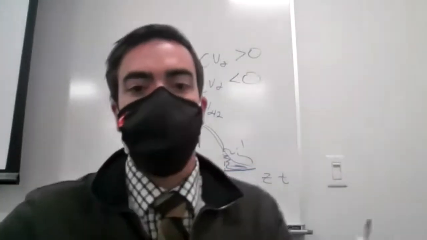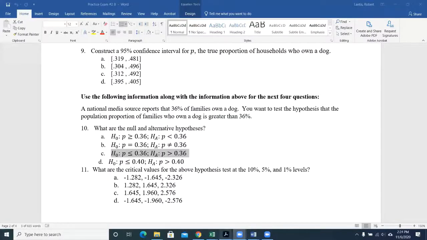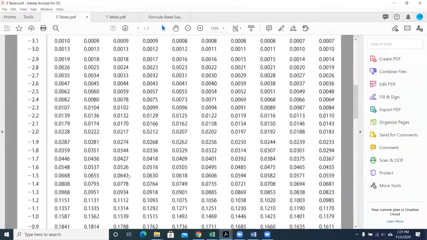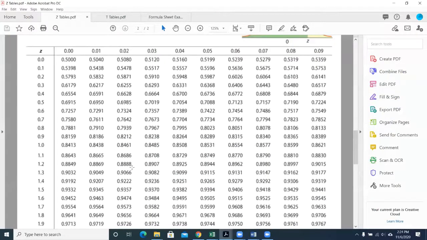So if I look up that area to the left of 0.9, go here, scroll down. So it looks like we're right here. So between 1.28 and 1.29, so 1.29.